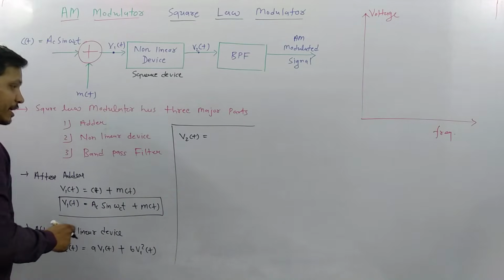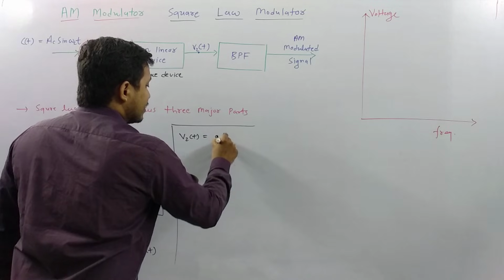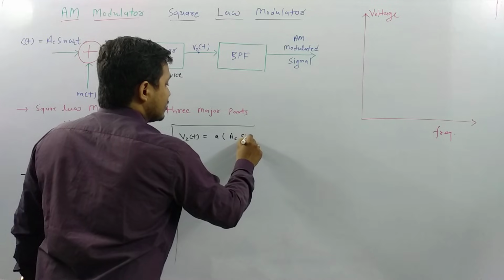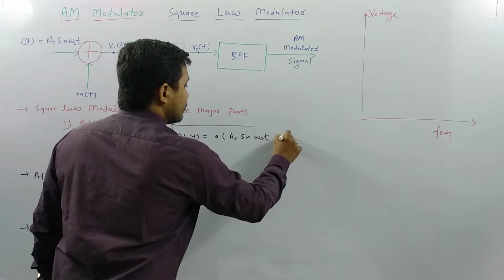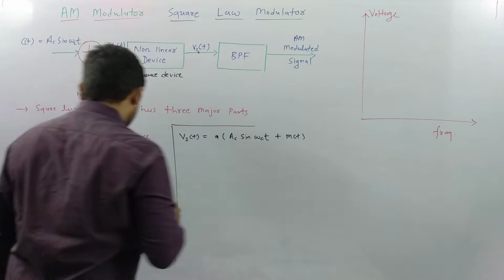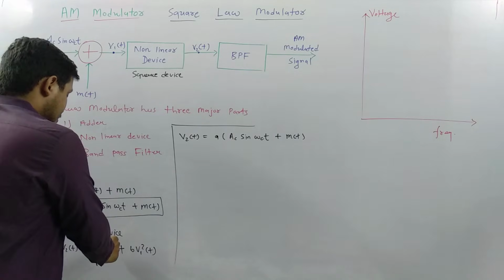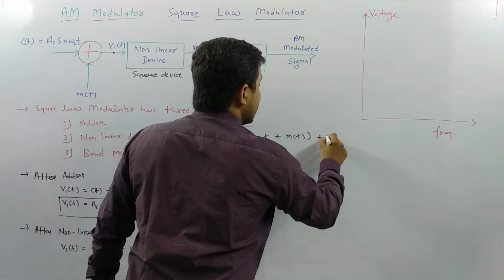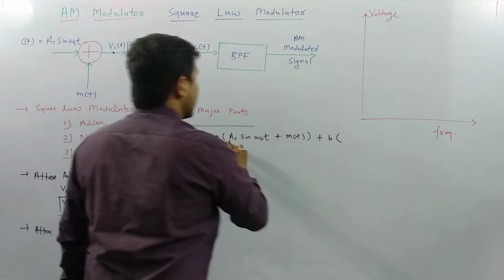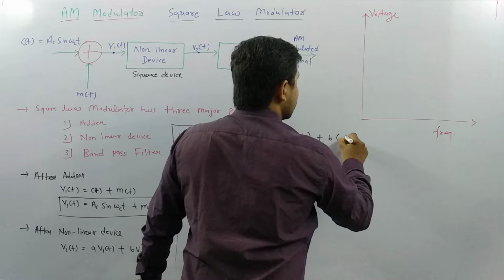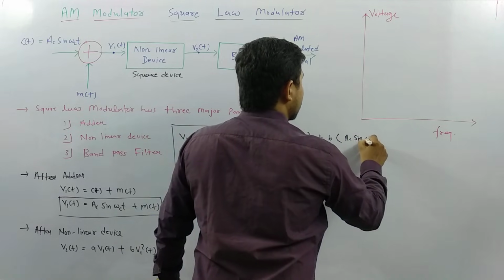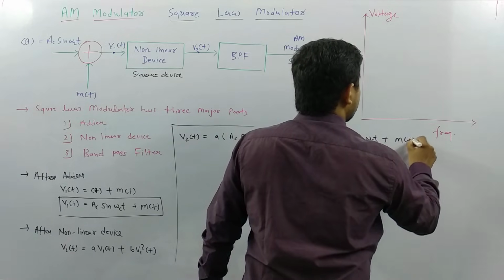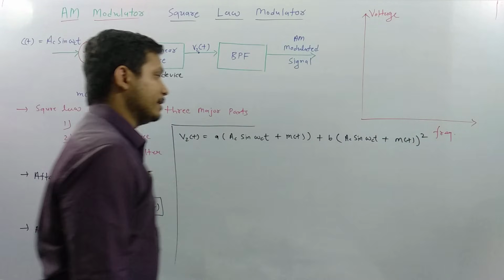So a into V1(t) is a into Ac sin omega c t plus m(t), plus b into V1 square, that is the square of this, b into Ac sin omega c t plus m(t) squared. So this will be the actual V2(t).